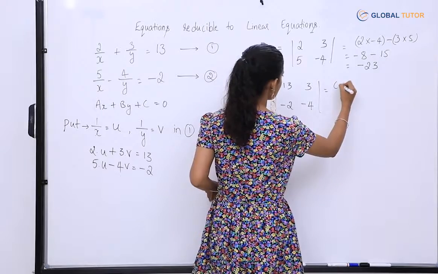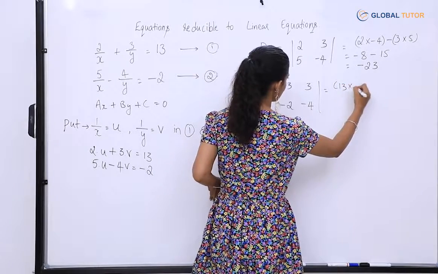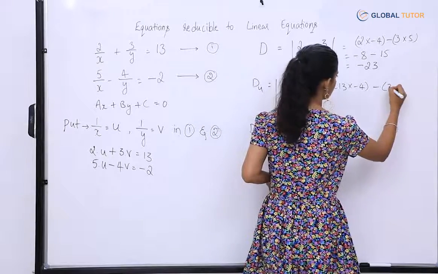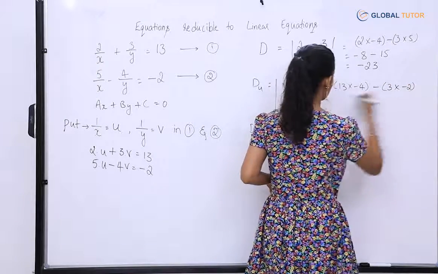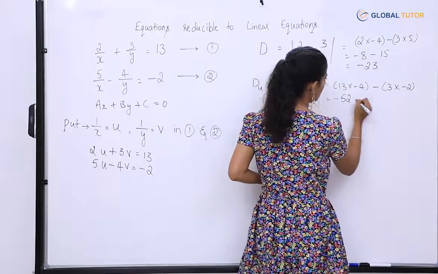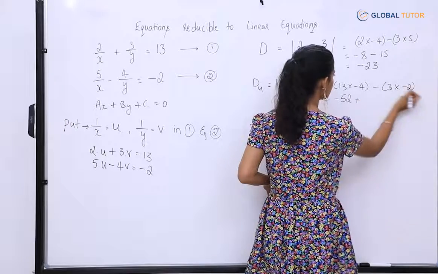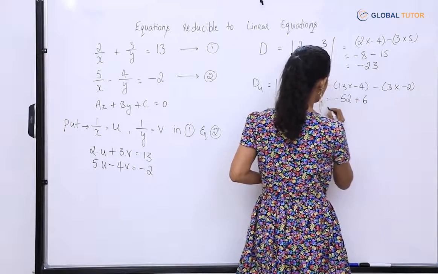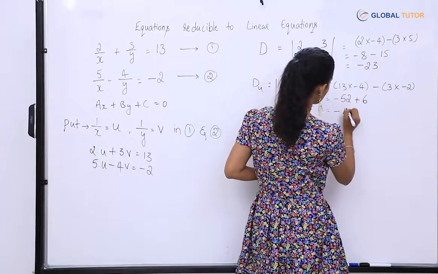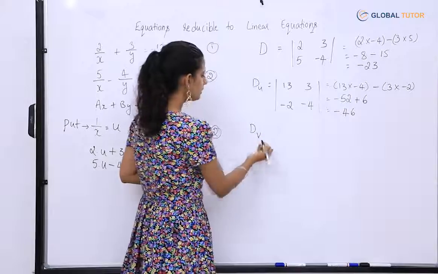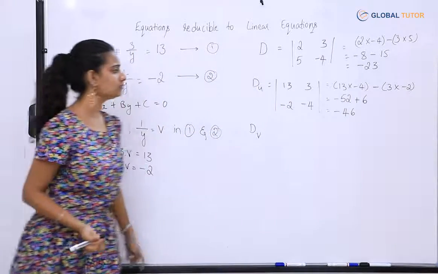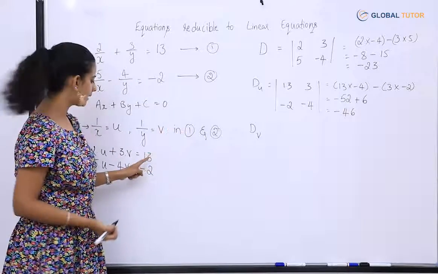So this will be 13 into minus 4 minus 3 into minus 2. This is minus 52. Minus of minus will be plus. 3 into 2 is 6. So this is minus 46.